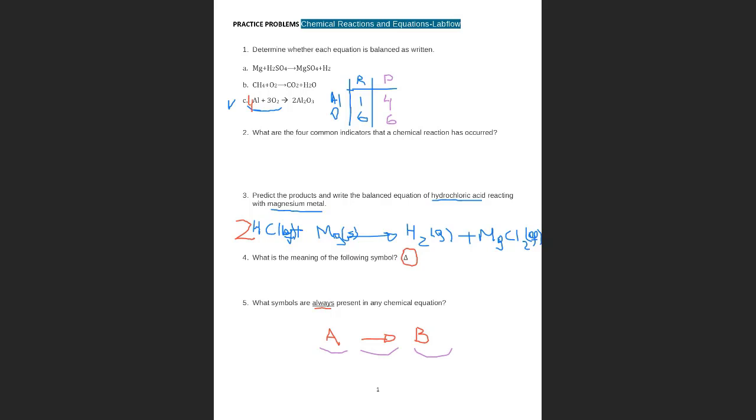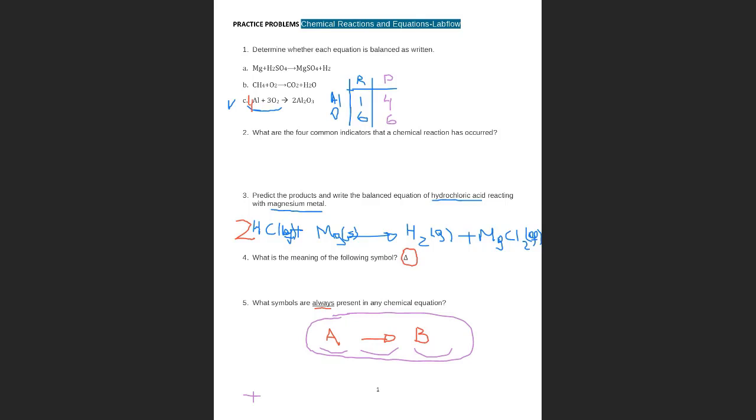This is the minimum. If we have more than one product, then we use plus to separate them. But the minimum that are always present are at least one reactant, one arrow, and one product.